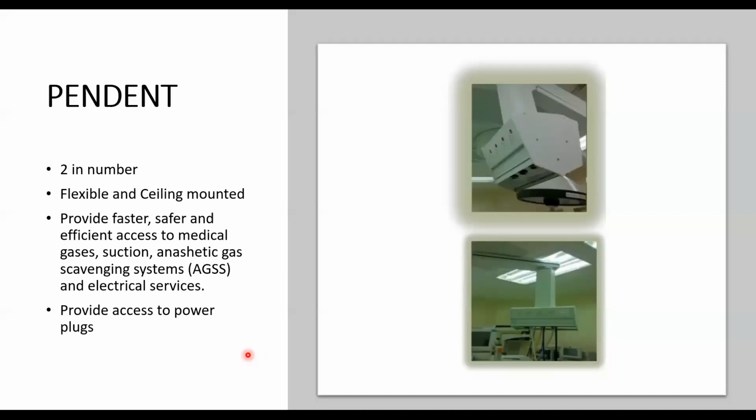If you go inside the operating theater, usually there are two pendant systems, which are mounted into the ceiling and flexible. They provide faster, safer, efficient access to medical gases, suction, anesthetic gas scavenging system, and electrical services. It is flexible and easily maneuverable.